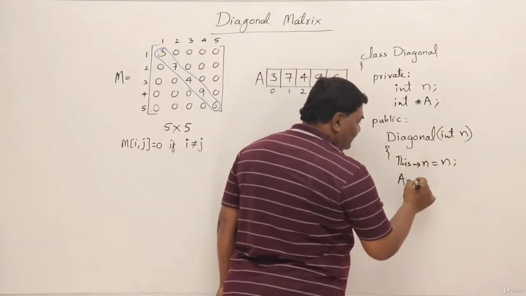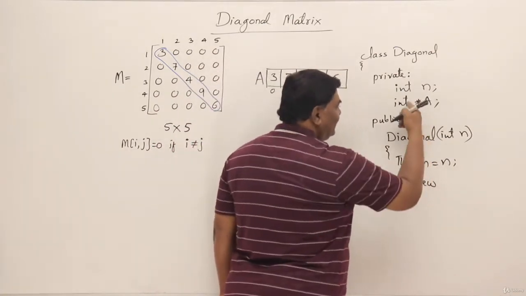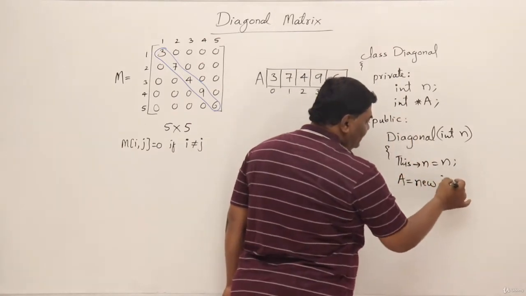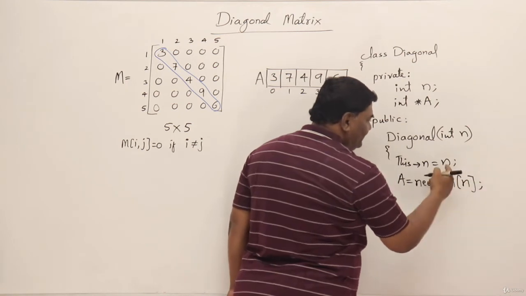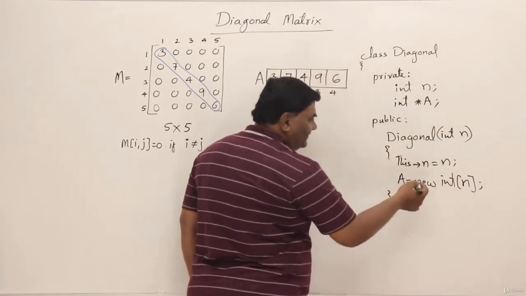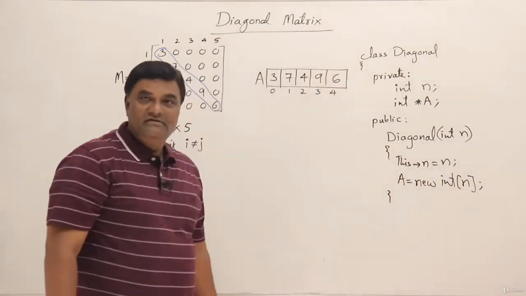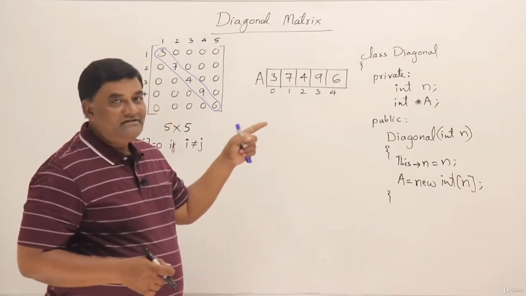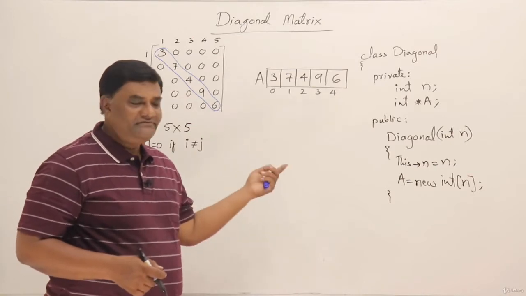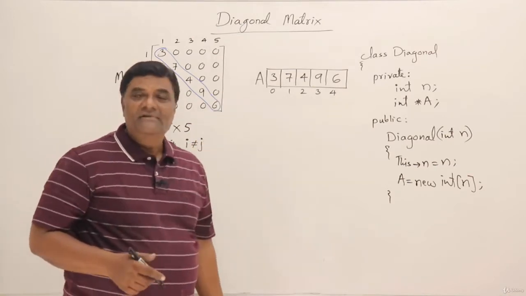So new int of size n. I can use either this one or this one. So this is how the array is created. We will get a single dimension array of required size, that is, 5 means an array of size 5.